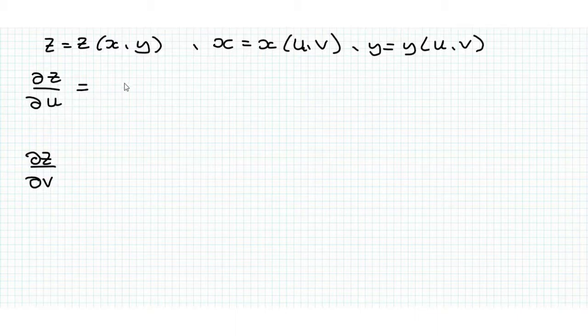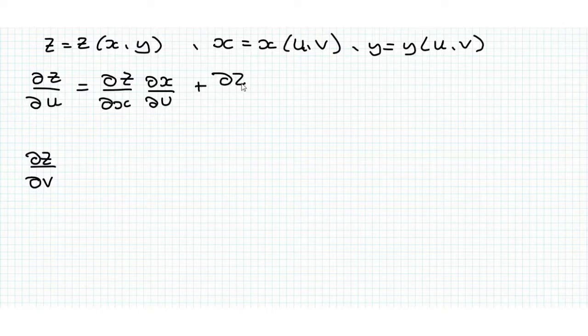So that dz by du is equal to partial dz by dx multiplied by partial dx by du plus partial dz by dy multiplied by partial dy by du.